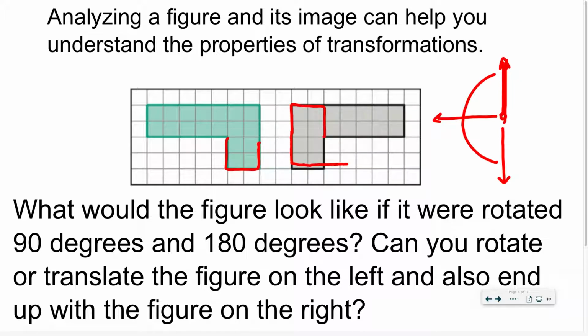So it would be something like this, right? Good. And if you did it just 90 degrees, where would the long part of this shape be if you spun it 90 degrees? It could be up if you spun it to this direction, or it could be facing down if you moved it that way.